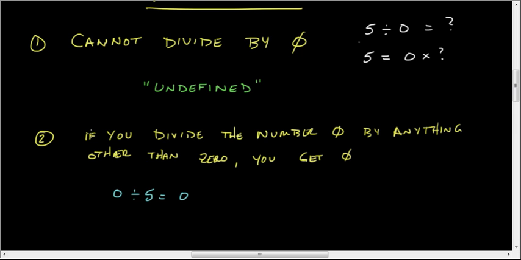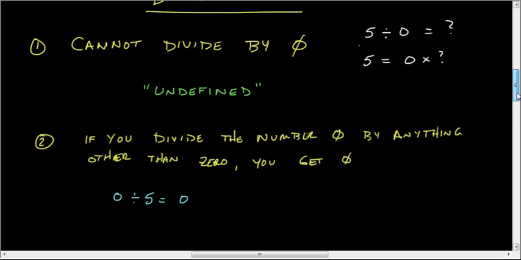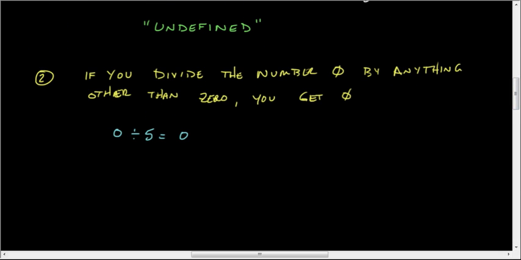If you divide by 1, 1 is the multiplicative identity, and so it's that special number that if you multiply it by anything, you get that something back. And so any number divided by 1 is that number.